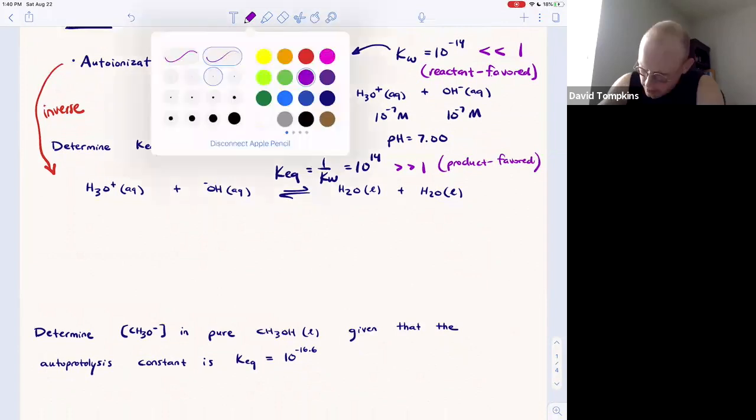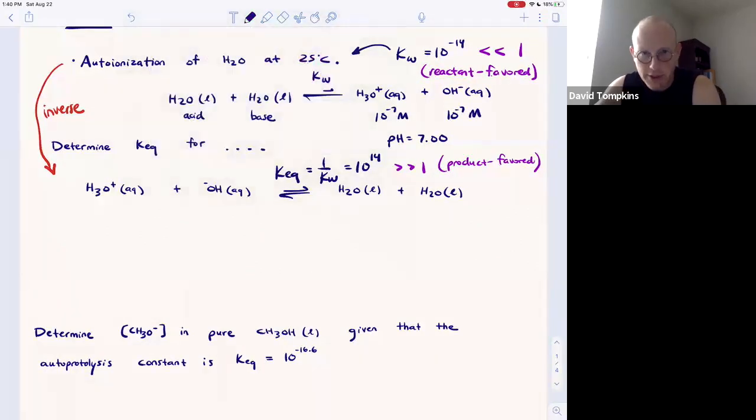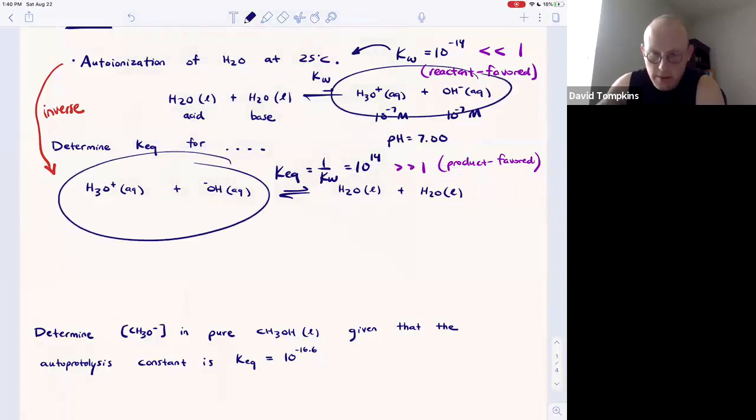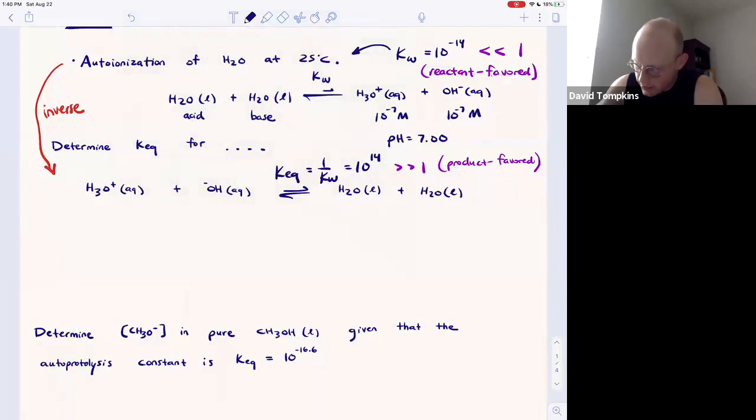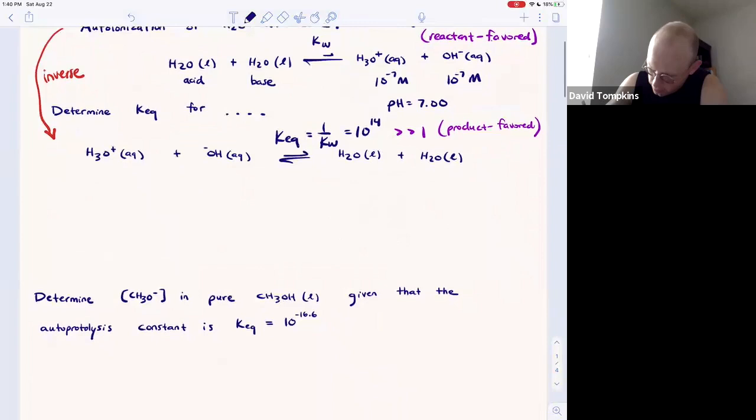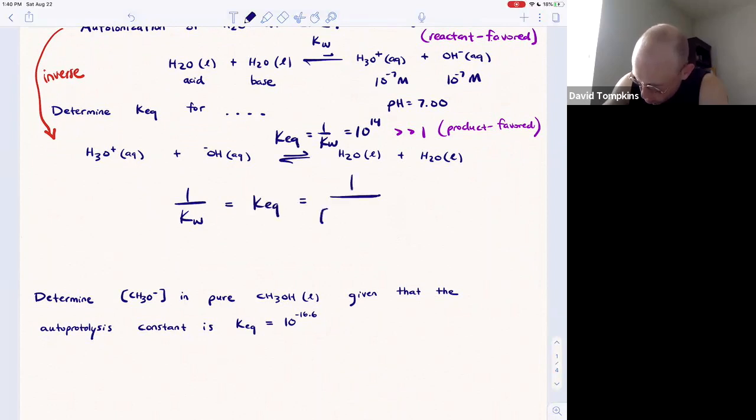And simply remember that flipping a reaction, where the reactants become the products and the products become the reactants, means we take the inverse, or 1 over Kw is that equilibrium constant. In other words, 1 over Kw, which is Kq here, is equal to 1 over the aqueous hydronium concentration multiplied by hydroxide.